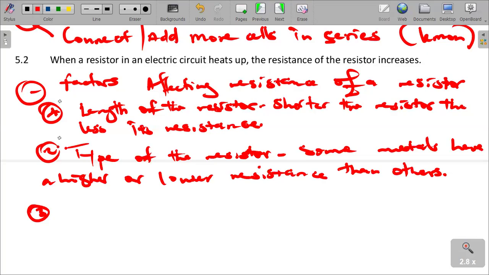We can also talk about the thickness of the resistor.